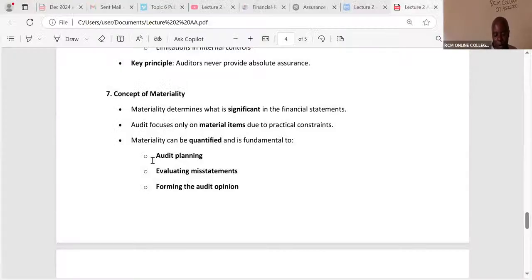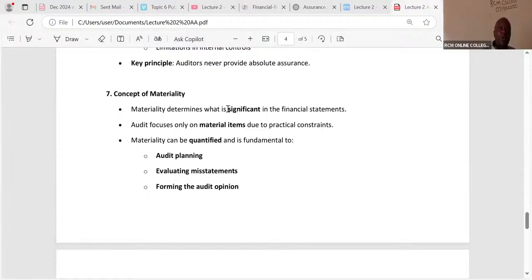Now, today I will only mention something to do with materiality, but I will not be able to show you how to compute the materiality thresholds today. So remember, ladies and gentlemen, when we talk of materiality, this determines what is significant in the financial statements. There will be insignificant items and there will be significant items.